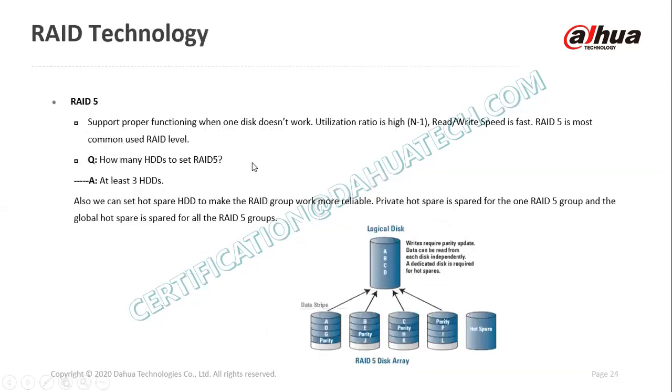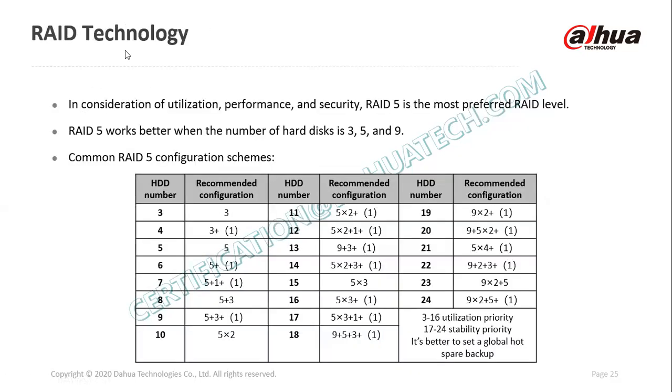The common RAID technology that we use, which you need to know, is RAID 5. RAID 5 works with a combination of hard disks. You need to group hard disks into a specified number for it to be at optimum performance. The common combination strategy is a set of 3 hard disks.